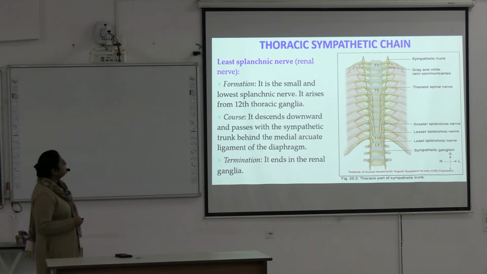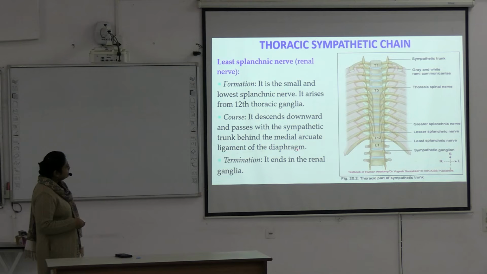Next we go to the least splanchnic nerve, also known as the renal nerve. Formation: it is the small and lowest splanchnic nerve, arising from the 12th thoracic ganglion. Course: it descends downward and passes along with the sympathetic trunk behind the medial arcuate ligament of the diaphragm.